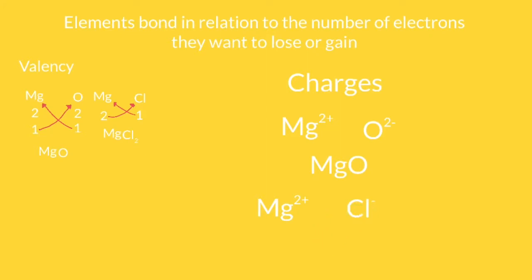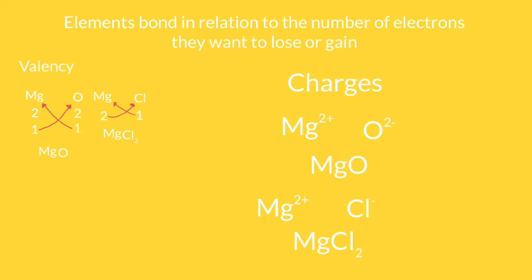So again, that's how we're going to get to that idea of MgCl2. We need 2 chloride ions to give me that 2- charge to cancel out the 2+ and give me something neutral overall. The first method, that is the valency method, is the method which is preferred by most people.